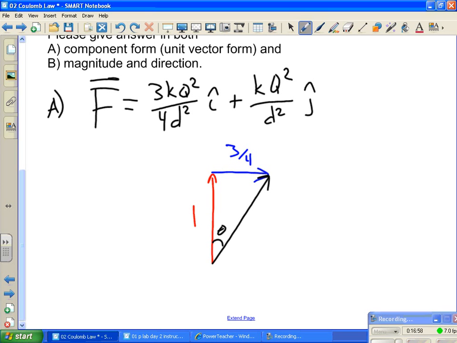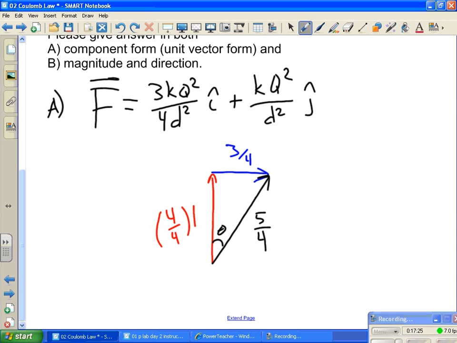So I do 1 squared plus 3/4 squared. 3/4 squared is 9/16 plus 16/16 gives a total of 25/16. Take the square root, and I get 5/4. Oh, actually, that's a 3, 4, 5 right triangle, knowing that 1 is also 4/4.